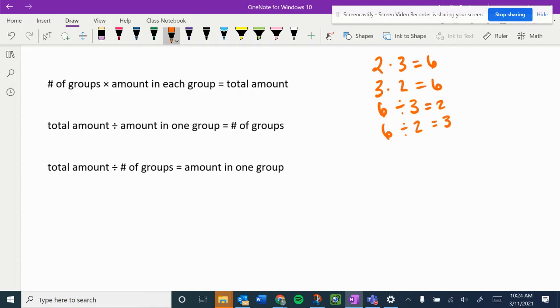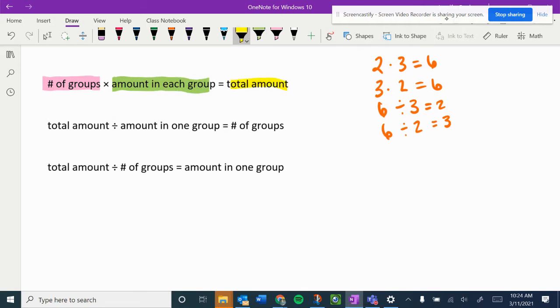So if we're thinking in general, without any numbers, multiplication and division facts work this way. The number of groups times the amount in each group gives me the total amount.